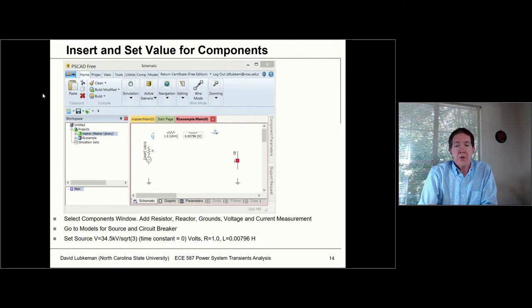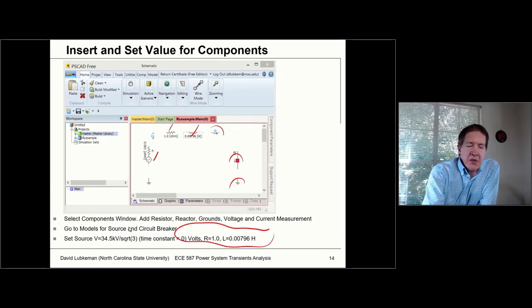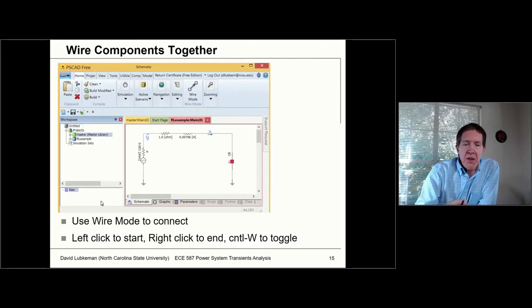What you do is drag and drop all the different elements on the screen: a source, the resistance and inductance for the line, a breaker, ground, and a place where you're taking a measurement. This is gone through in the video. Just keep in mind these are the values that you need to load in. And then you wire the components together.